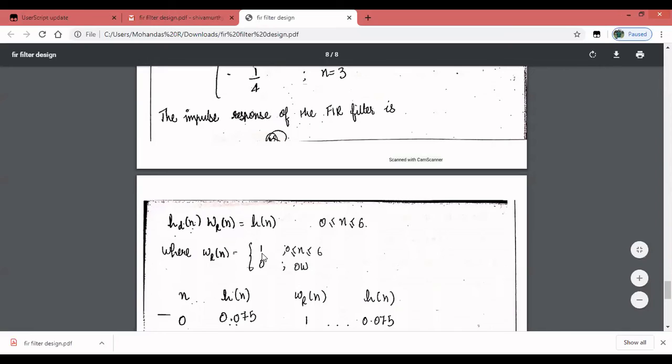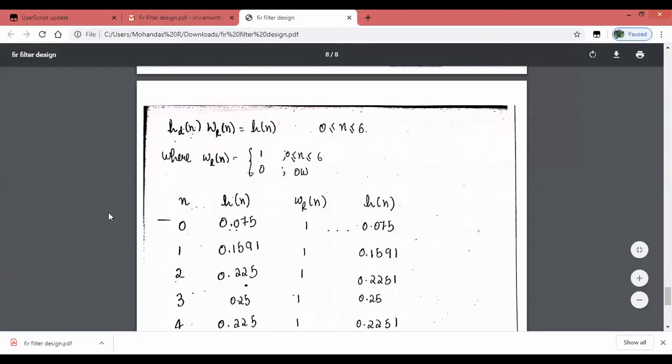Now I have to substitute in the above equation my w r of n and multiply with hd of n. I'll plot it in the form of a simple table. In this table, the parameters are small n, the samples from 0 to 6, and h of n, which is my impulse response.